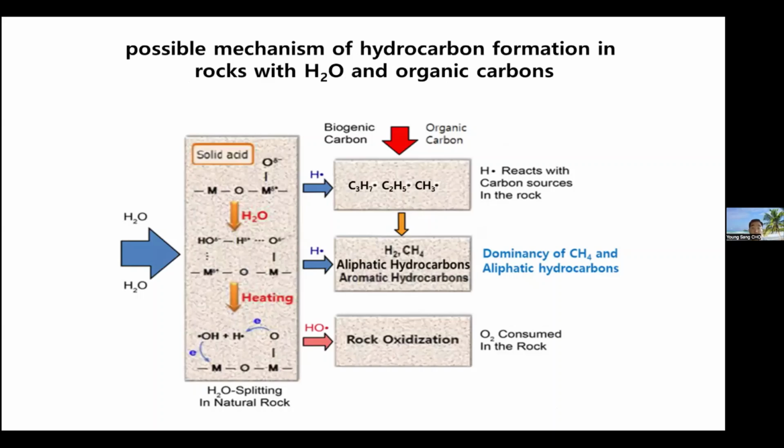A possible mechanism of hydrogen formation is similar to the reaction between water and inorganic carbons. First of all, water is split into hydrogen radical and OH radical. Hydrogen radical then reacts with biogenic carbons, organic carbons, to produce propyl radical, ethyl radical, and methyl radical.